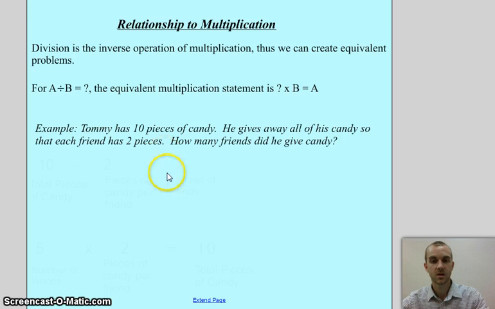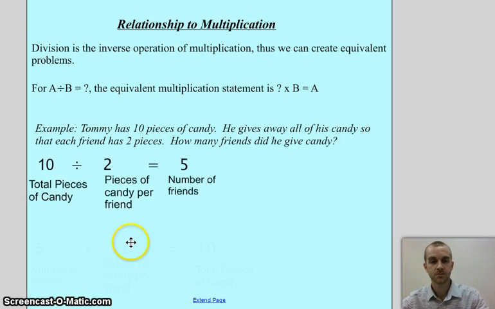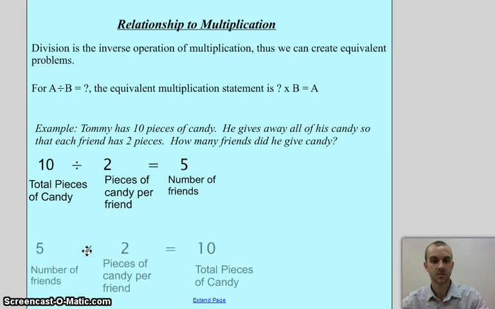We know that when we do this, you have the total number of candy, you have the 2 pieces per friend, and there's 5 friends. Now if I want to change that to a multiplication problem, I know that 5 times 2 gives me 10. The number of friends, the number of pieces of candy each friend gets, the total number of pieces of candy.